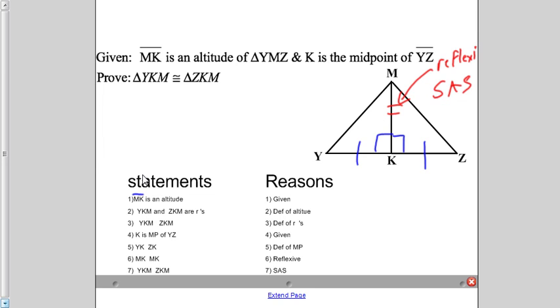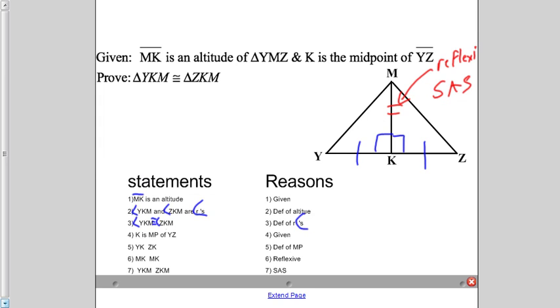Then we should have angle YKM and angle ZKM are right angles, definition of an altitude. Then we should have angle YKM is congruent to angle ZKM, definition of right angles. That step number 3 is the one everybody forgets.